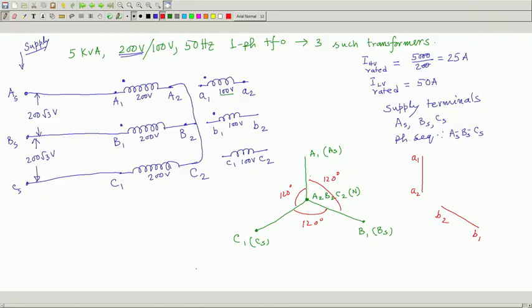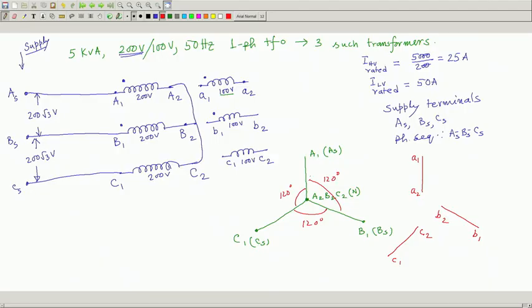Although, since I have not connected any of this, they are allowed to leave alone. Therefore, there will be a voltage parallel to b1 b2. Similarly, there will be another voltage available parallel to this C phase voltage, which will be C1 C2. Okay. Then this will be the scene.